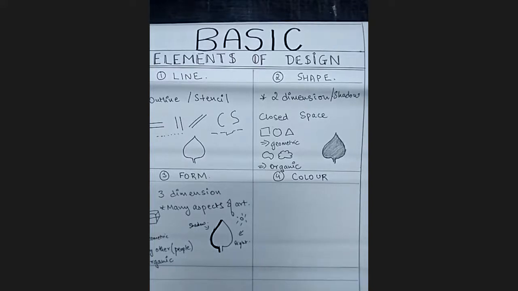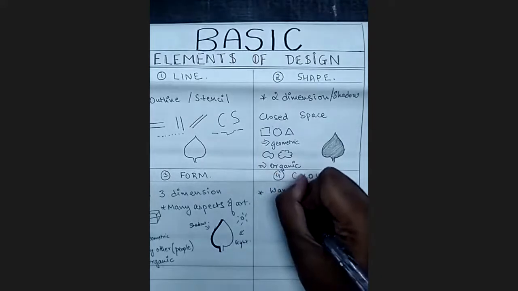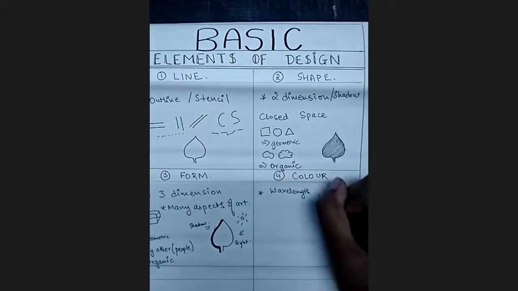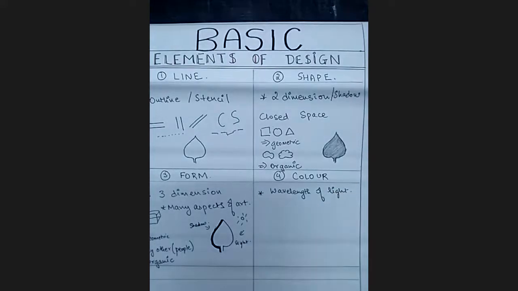Color, obviously, we know what color is, so I'm not even going to explain. For the older crowd, we will define color as the wavelength of light. Now I'm going to give you a few terms that you might want to get familiar with.